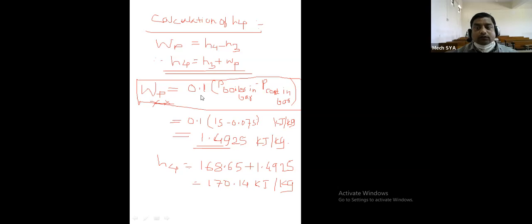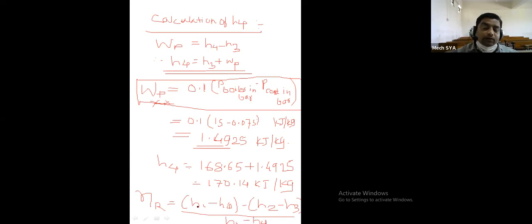Now H4 we got, H1 we got, H3, all four enthalpies we got. So up till now, I think there is no problem. Then eta Rankine, that they have asked. In this formula of eta Rankine, it's applied as H1 minus H2, minus H4 minus H3, divided by H1 minus H4.